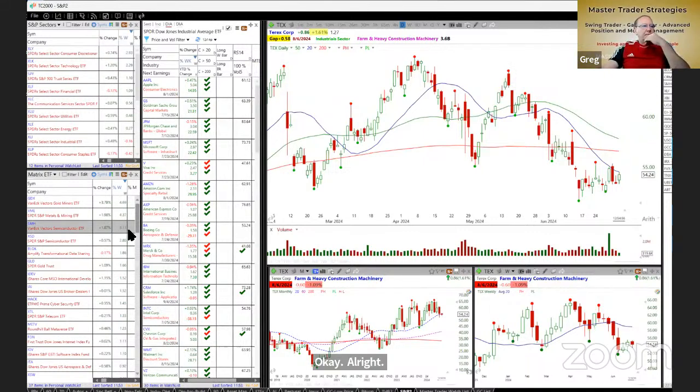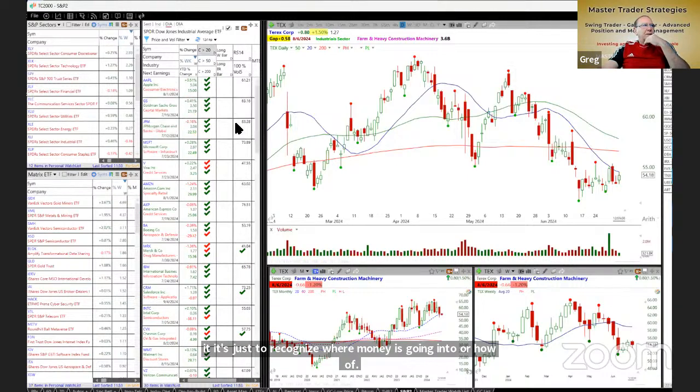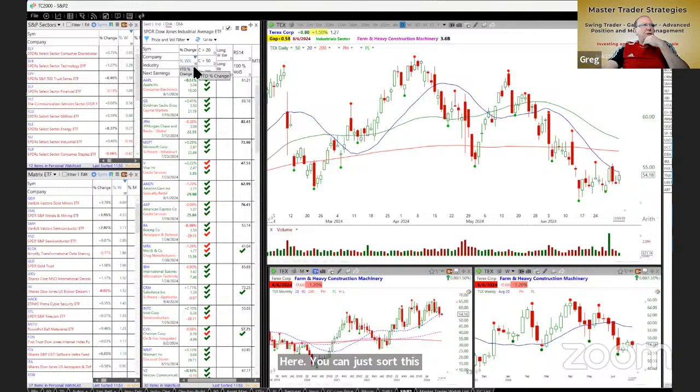So I've got different layouts, this doesn't have too many scans in it. It's just to recognize where money is going into or out of. You can just sort this by percent change on the week, on the day, if there's a wide range bar, but none of the layouts with different scans.